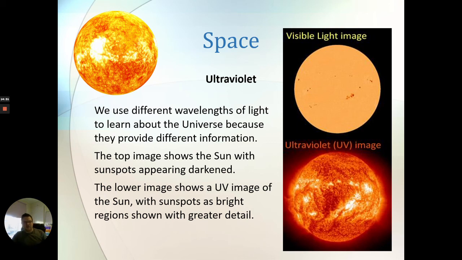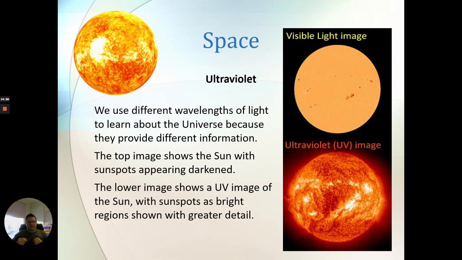And that's what those little dark spots are in the visible light image, and you'll notice that the places that show up white in the ultraviolet image are in the same places that the black spots are in the visible image. So the different types of light let us learn different things.